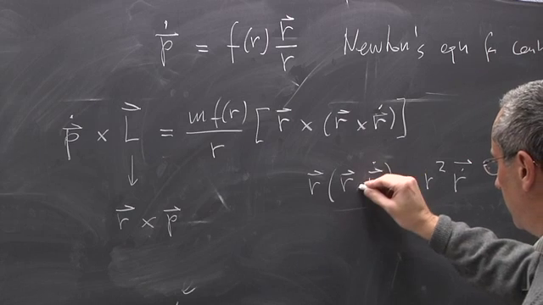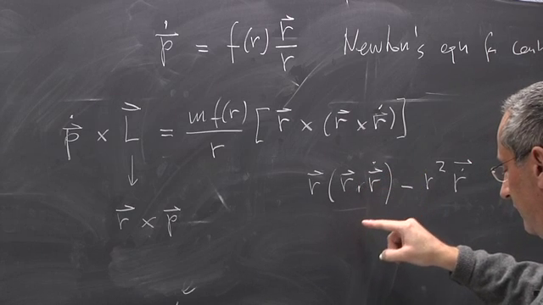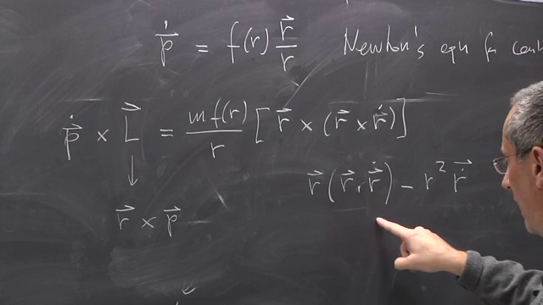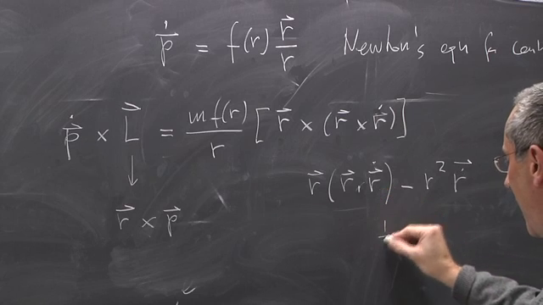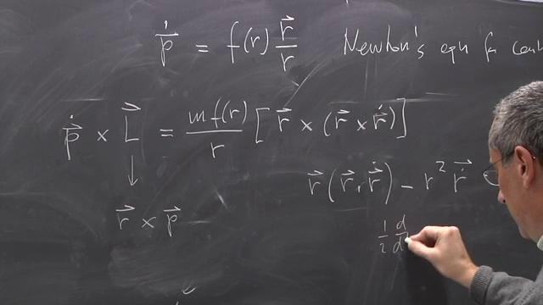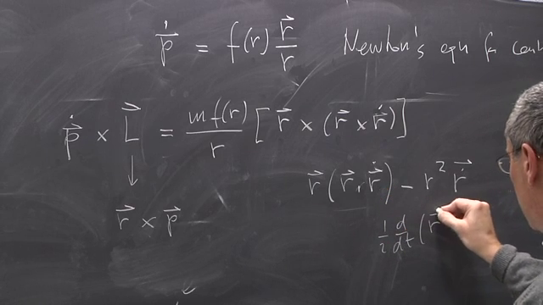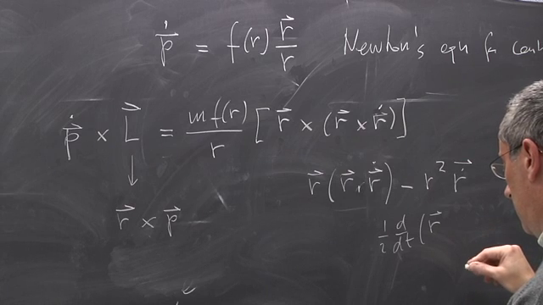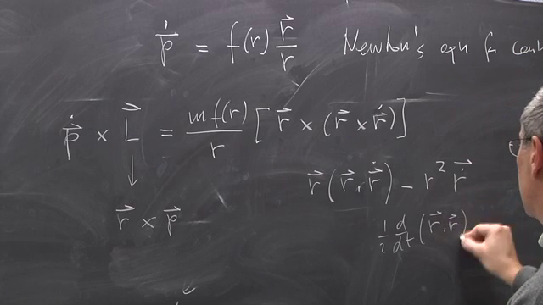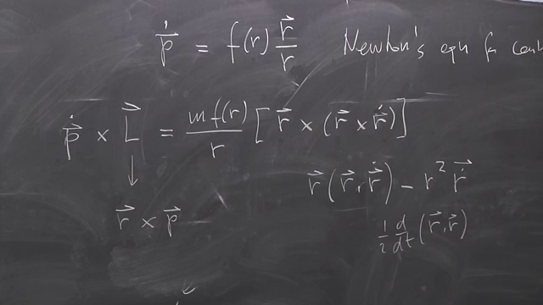So this is r r dot, which is like 1/2 d/dt of the lengths of these things, right?